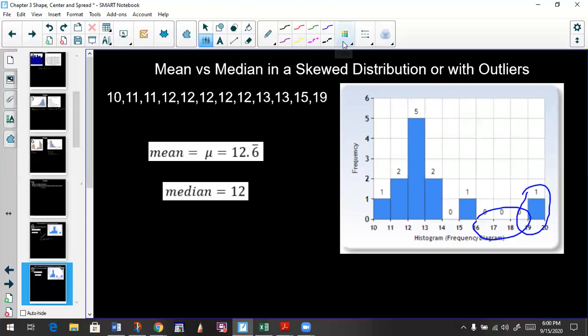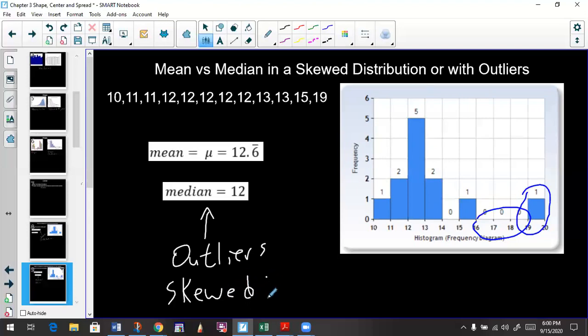So what we prefer to use, because the median is not affected as much and we're still looking for the center, sort of like the middle, the typical number, the average when we talk about the center, is when you have outliers or skewed distributions, it is best to report the median.